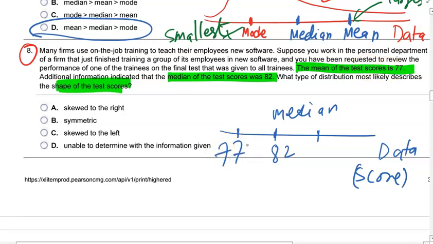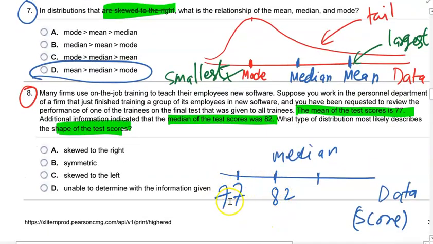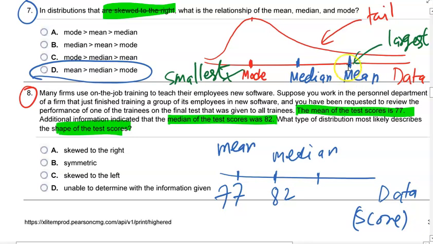Listen. The mean is smaller here than the median. Look at question number 7: the mean is bigger than the median, and that is skewed to the right. The opposite happens here. Since the mean is smaller than the median, it must be skewed to the left.